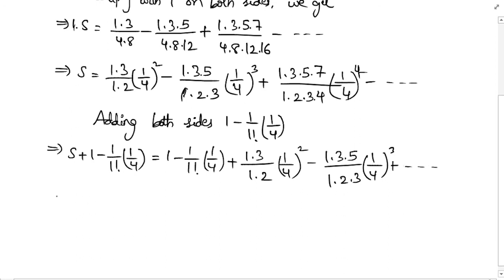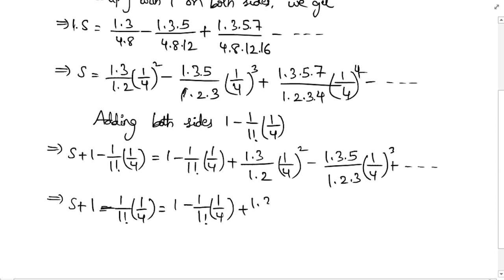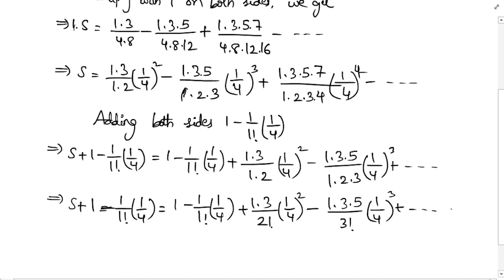That is equal to 1 minus 1 by 1 factorial into 1 by 4 plus 1 into 3 by 2 factorial into (1 by 4) whole square minus 1 into 3 into 5 divided by 3 factorial into (1 by 4) whole cube plus so on.